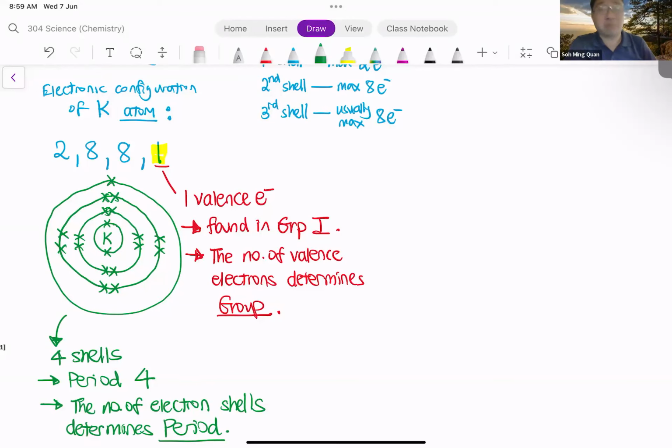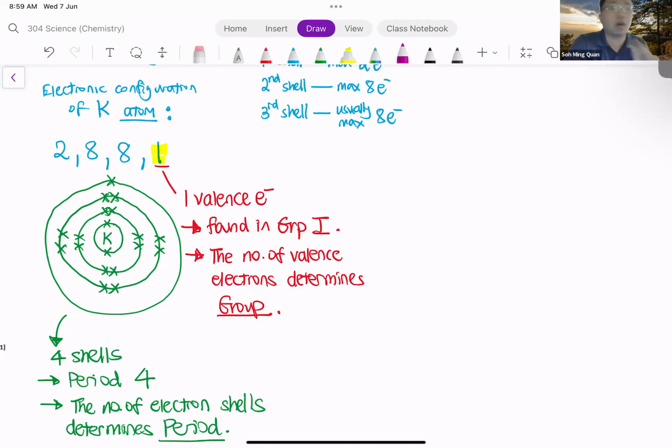The next important thing to work out from this 2881 is the chemical reaction that it will undergo, and this is what we call ions. The moment you hear 2881, ask: is this going to be stable? It has one valence electron, only one electron in the fourth shell, which is the valence shell.